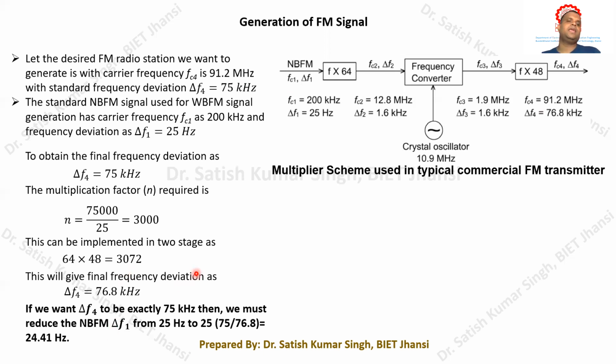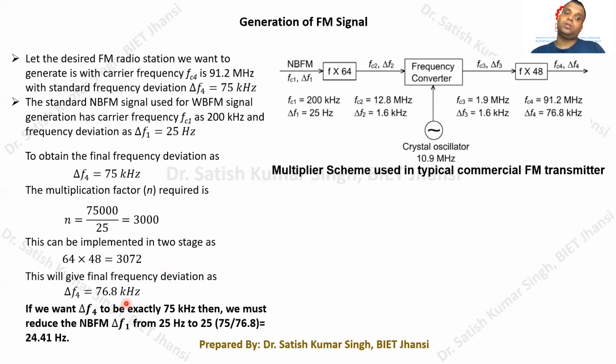Now, once we understand this, we have already got this multiplication factor of 3072. With it, we get a final frequency deviation of 76.8 kilohertz, which is also acceptable.